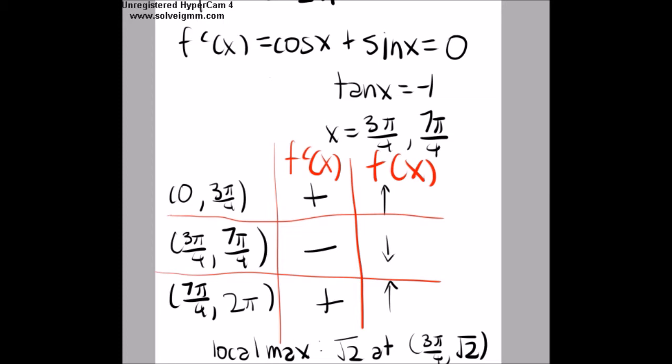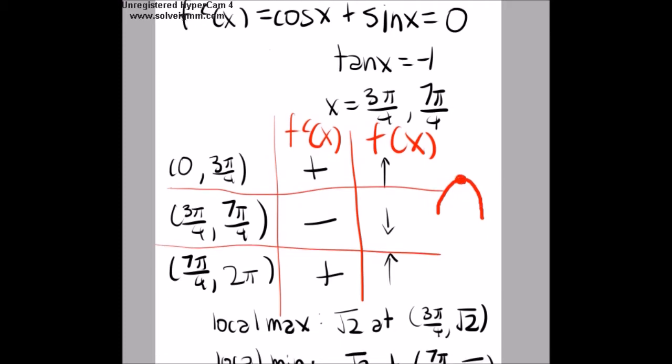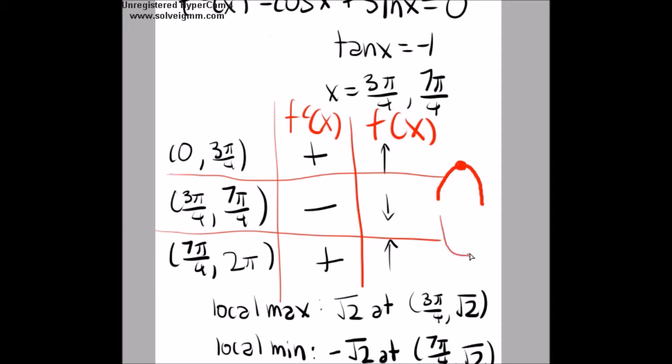And then 7 pi over 4 to 2 pi, the first derivative is positive, so that means it's increasing. When it's going from increasing to decreasing, we have a local maximum. When it's going from decreasing to increasing, we have a local minimum.